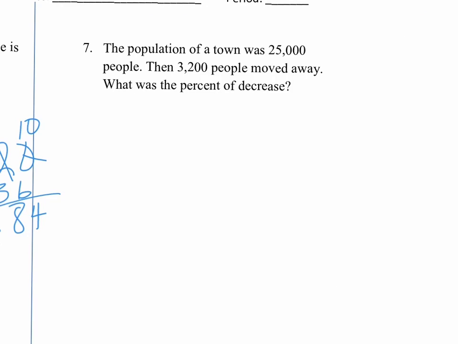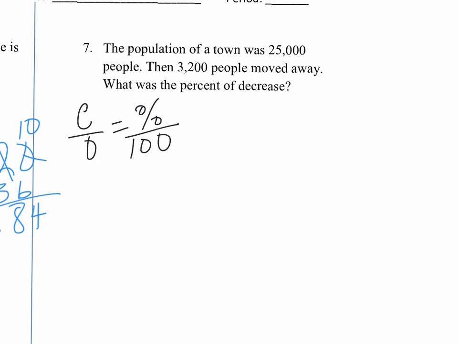The population of a town was 25,000 people. Then 3,200 people moved away. What was the percent of decrease? We're going to use the same formula that we used on number 1. That would be the change over the original equal to the percent, which is what we're looking for, percent of decrease out of 100.